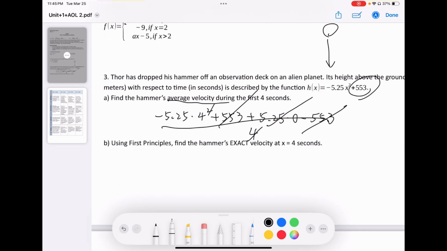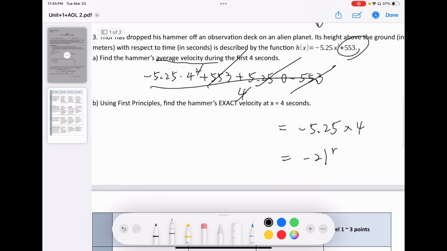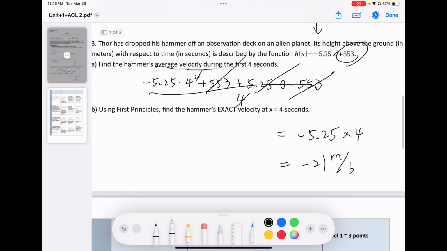Now we can cancel out 4 here, so it will be 5.25 times 4, which is 21 meters per second. So the average velocity during the first 4 seconds of the hammer dropping will be -21 meters per second.